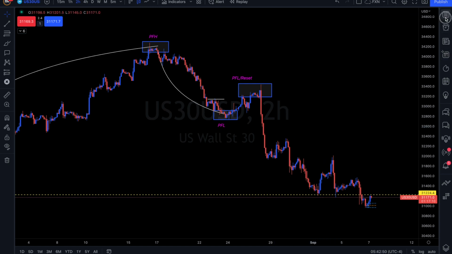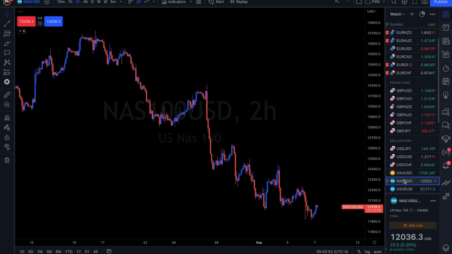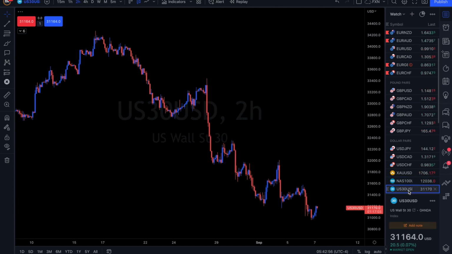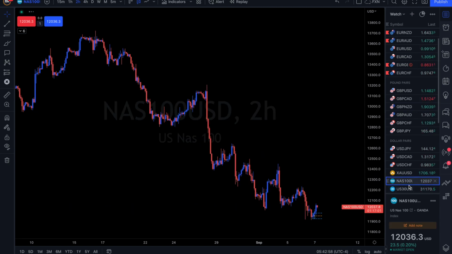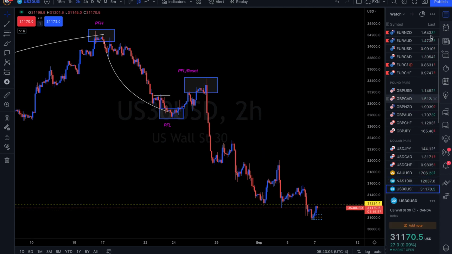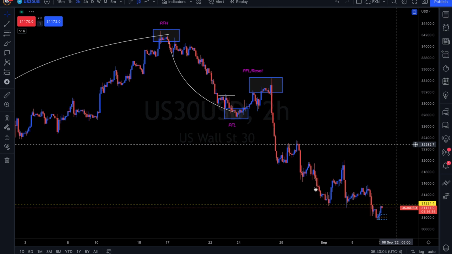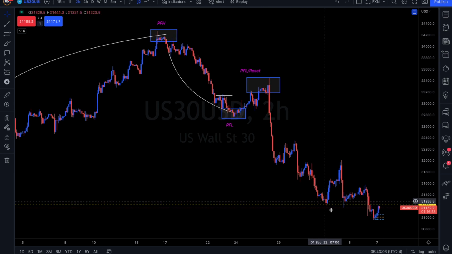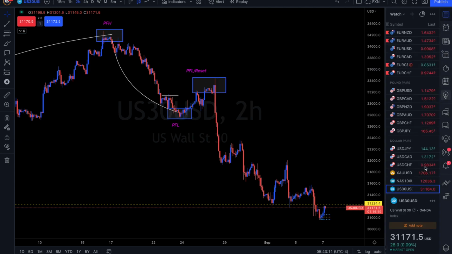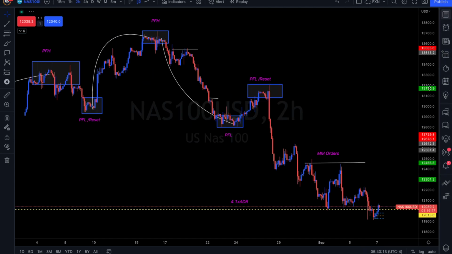So that's why the chart looks identical to each other. They literally look identical to each other, guys. It's for a reason. That's why. So the same thing, essentially, you could look for on the US30, the same exact thing as we just talked about on NAS.